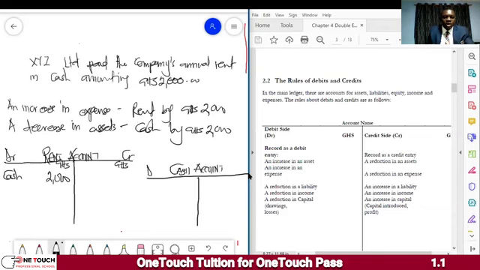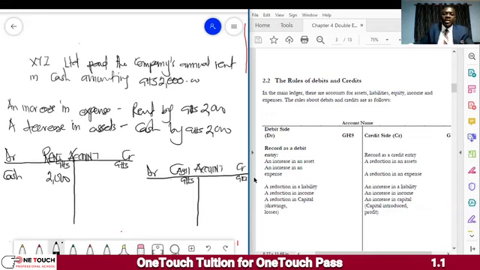Good. And we have our debit, we have our credit, we have our CD sign. So here there's a decrease in an asset, and we said that we record as credit entry a reduction in an asset. Cash is an asset. So the asset is decreasing because money is going out.